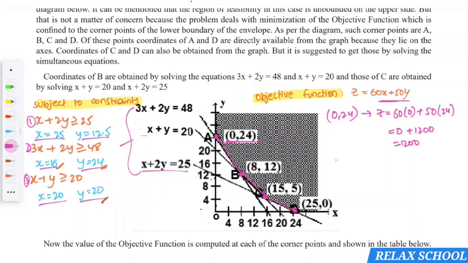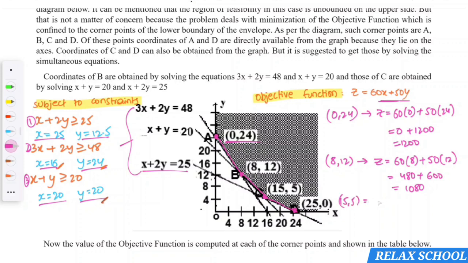And the second coordinate was 8, 12. That gives us z is equal to 60 into 8 plus 50 into 12. 60 into 8 is equal to 480 plus 50 into 12 is equal to 600, which would become 1080. The third coordinate is 15, 5.